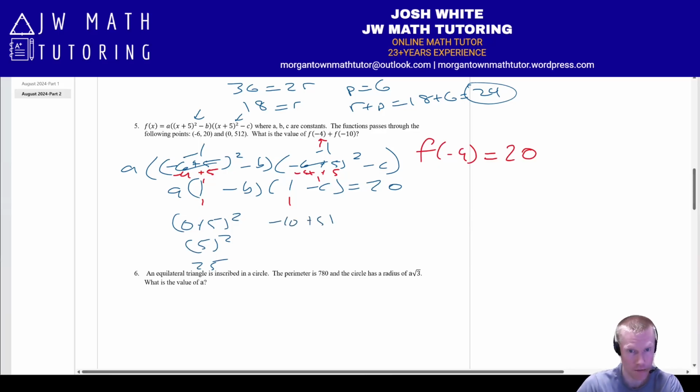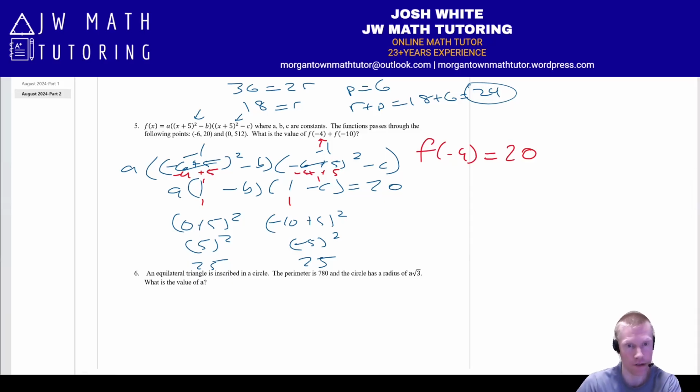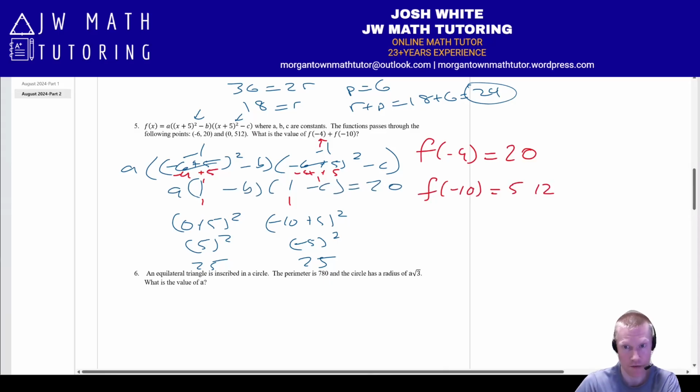But if you take -10 plus 5, you get -5, but you square that, you still get 25. So it's the same exact situation where you get the same exact expression. It's a parentheses 25 minus b parentheses 25 minus c equals 512. So the whole point here again is that f of -10 is just equal to 512.